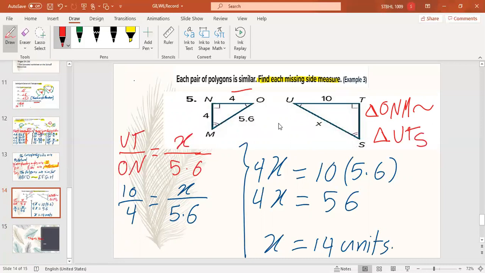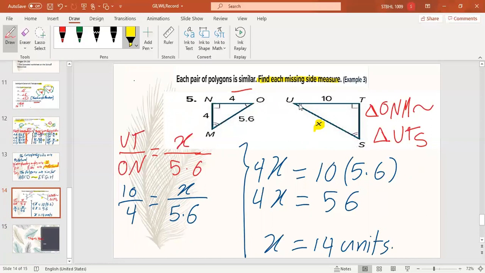So we will use the similar sides to find the missing side. We will use the corresponding sides to find the missing side, which is X.